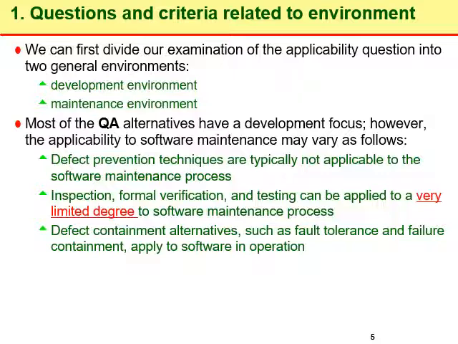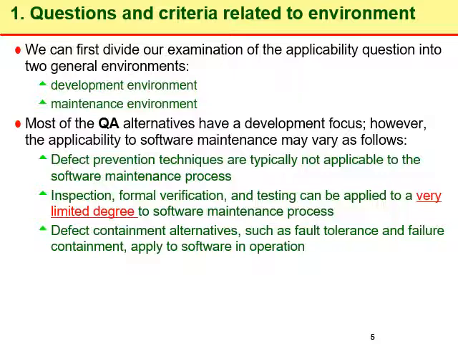Although the lessons learned or the experiences gained from related activities can be used for future defect prevention activities. Then inspection, formal verification, and testing can be applied to a very limited degree to software maintenance process.